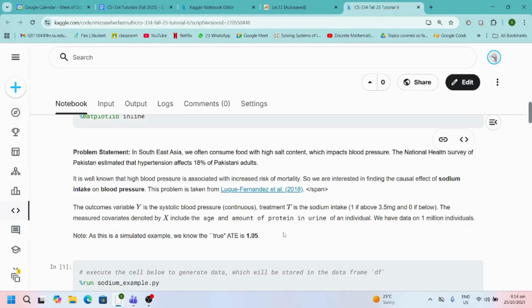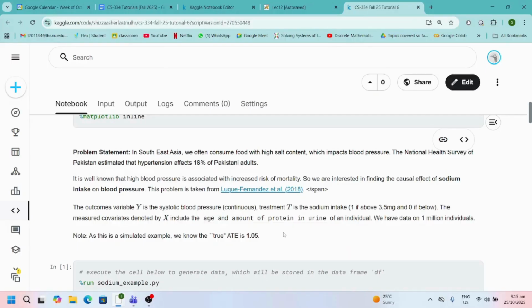On the other hand, if a person is consuming more sodium, they are likely to have more protein in their urine. ये भी एक association है. And then in fact, it's a fairly causal association. On the other hand, if a person has high blood pressure, they are also more likely to have protein in their urine. So the problem with this is that now protein is actually acting as a collider.